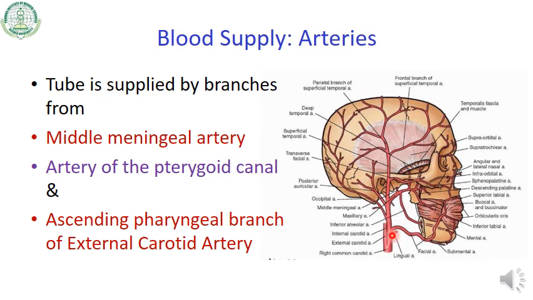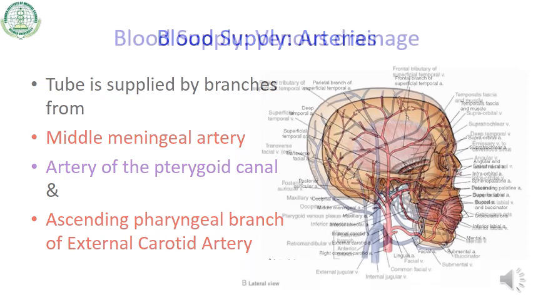So from below, this is lingual, this one is facial, this one is occipital, this is posterior auricular, and the two branches on the medial side are the ascending pharyngeal, and that gives supply to the auditory tube. So branches from the middle meningeal artery, artery to the pterygoid canal and ascending pharyngeal. So in turn it is supplied by branches of the external carotid artery.